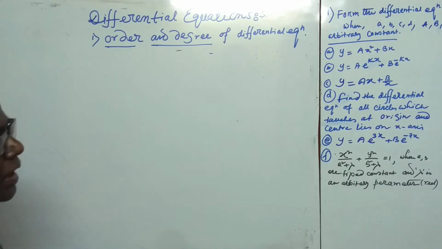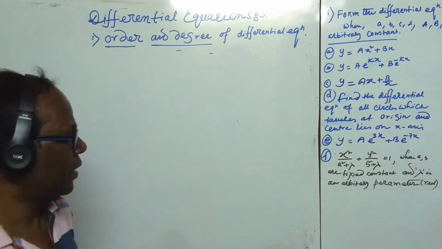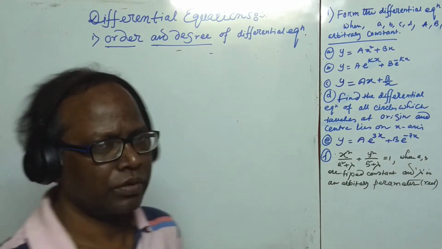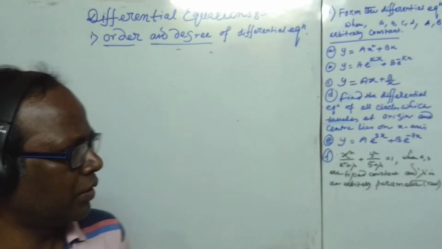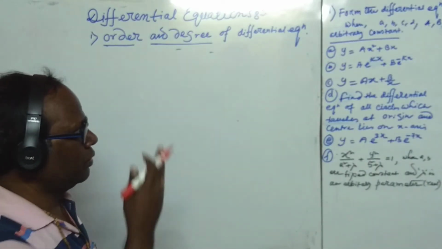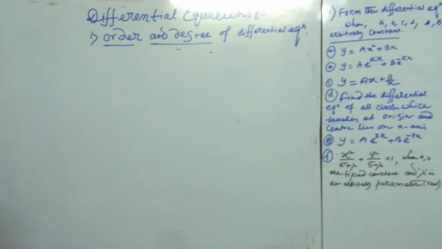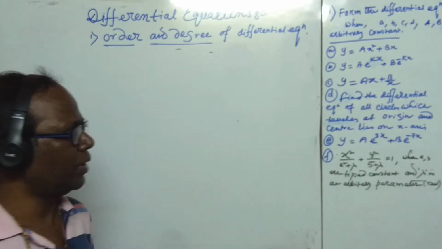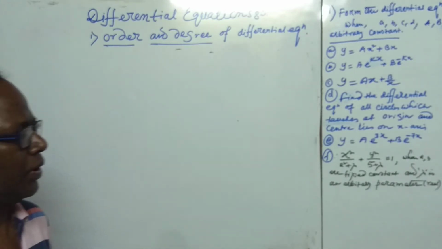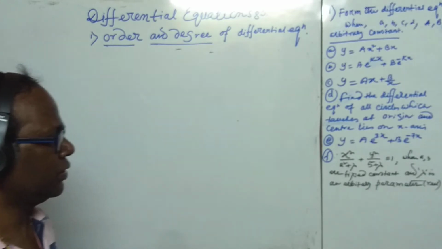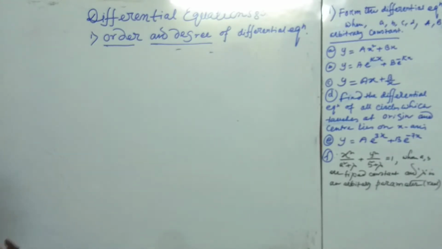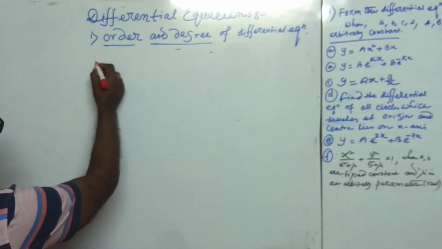Given that a and b are fixed constants, a, b, c are all given arbitrary constants, and which are arbitrary constants, that variable would always be eliminated from the differential equation.